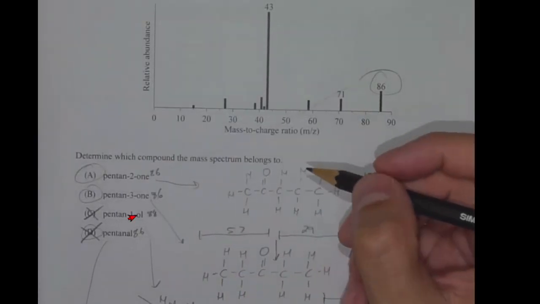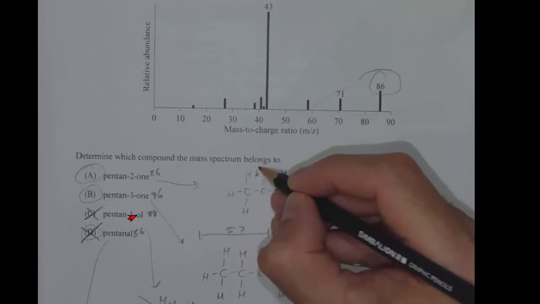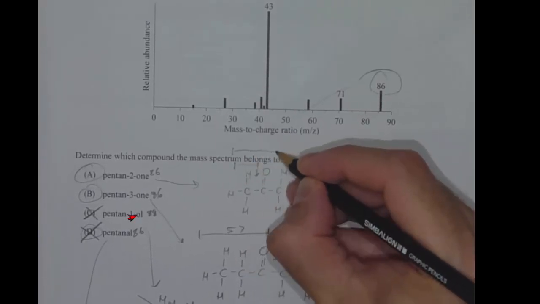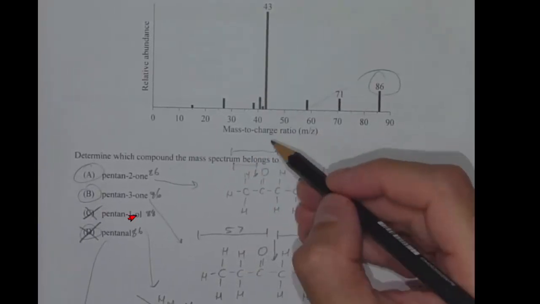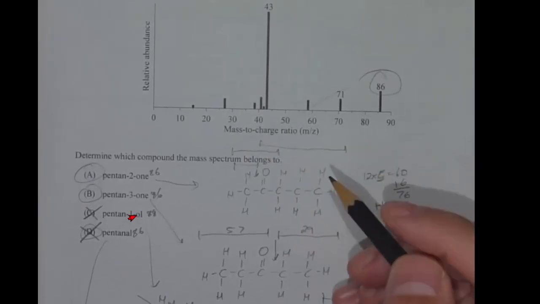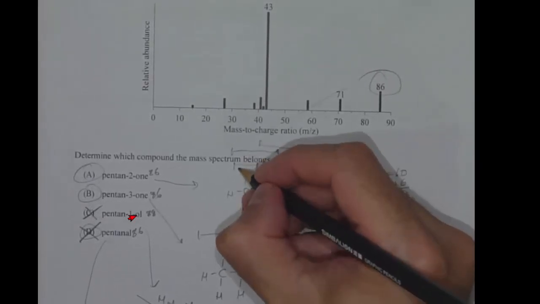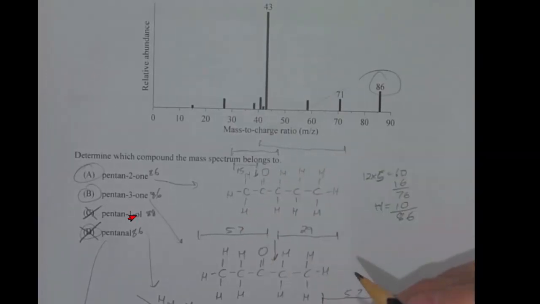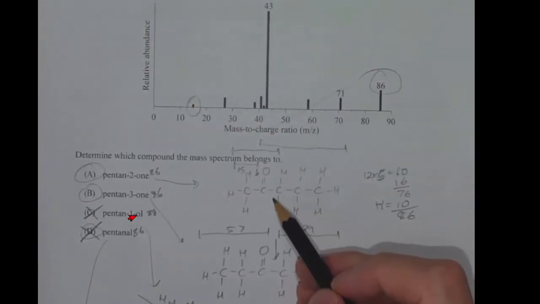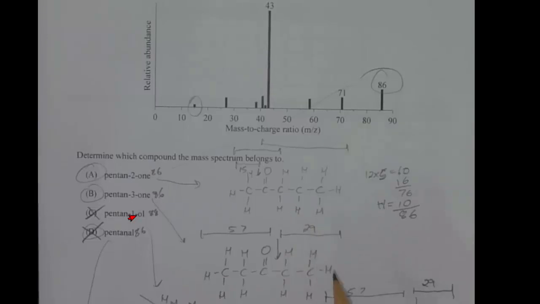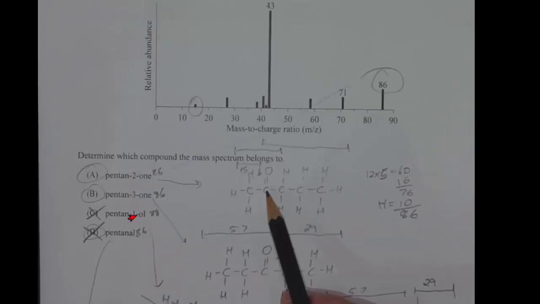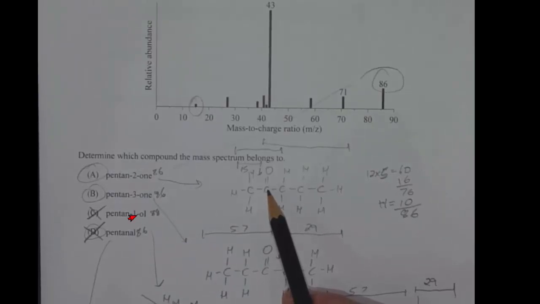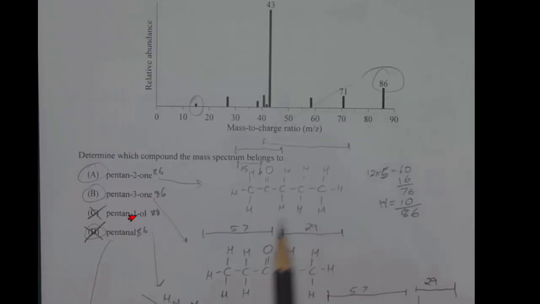This one could be cut here, or could be cut here, and then there'll be this one as well. So that's 15. If it's just that bit, there is a 15. This one here, 15 plus 12 is 27. Plus 6 is 30, 53.